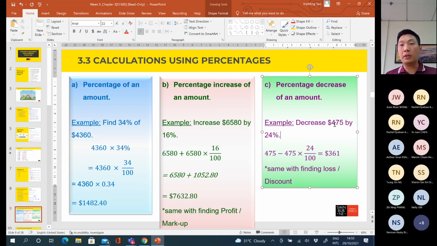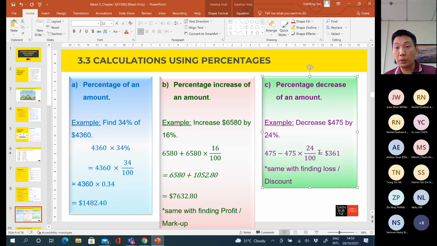So what you can do is the calculation. The original value is 475, minus, we use minus because it is a decrease now, minus 24% of the original number. So you use 475 multiply 0.24. What is the value you get? 114.